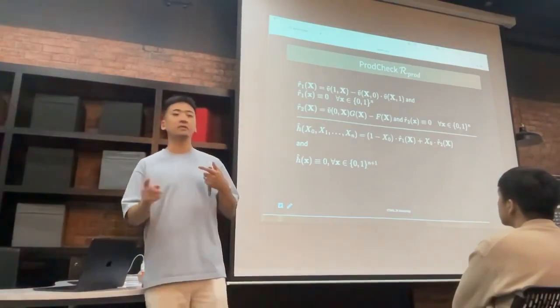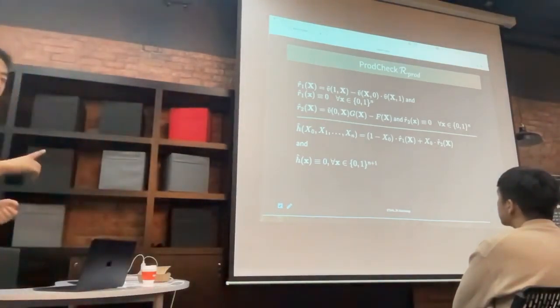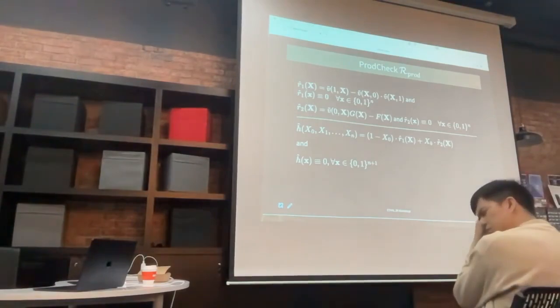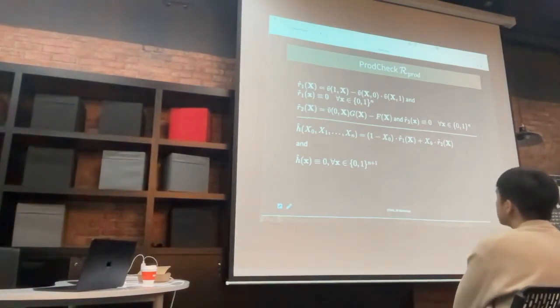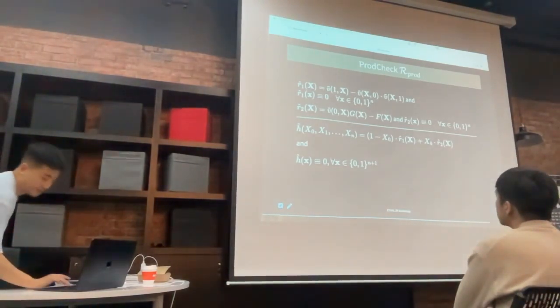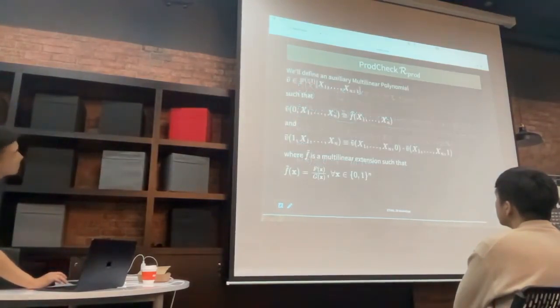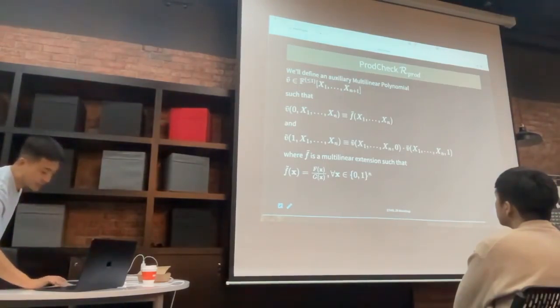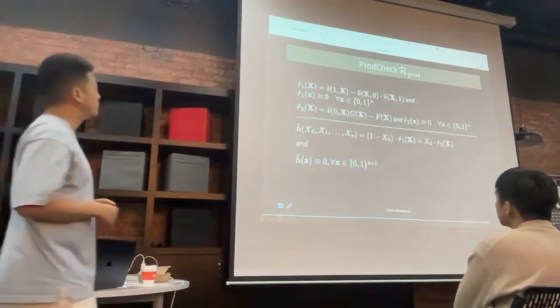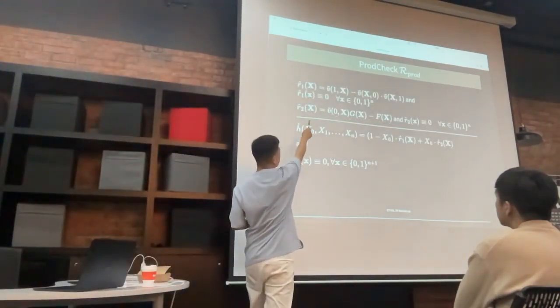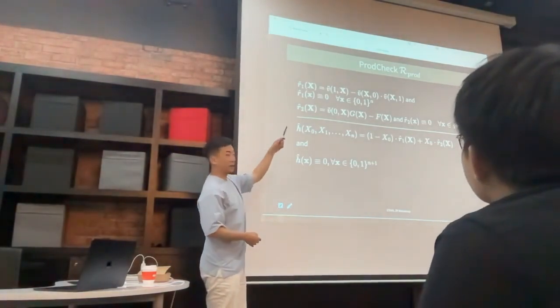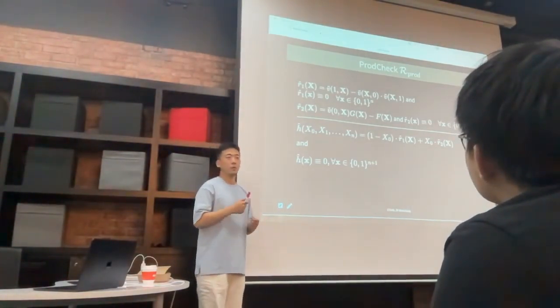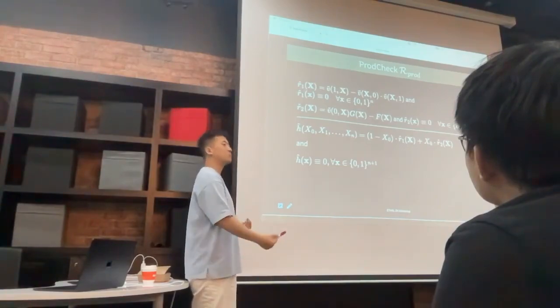Because we define the v polynomial to satisfy f of x plus 0 basically, to satisfy a relation like this. So we can expect that this part will become 0 for the Boolean hypercube, which means that we are doing some zero check actually.